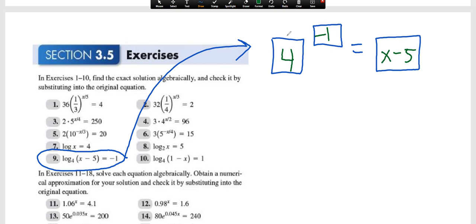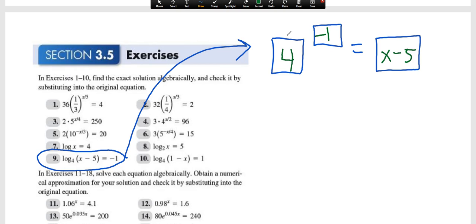Oh, the 1/4 was good. And then I have to do that. Now what?